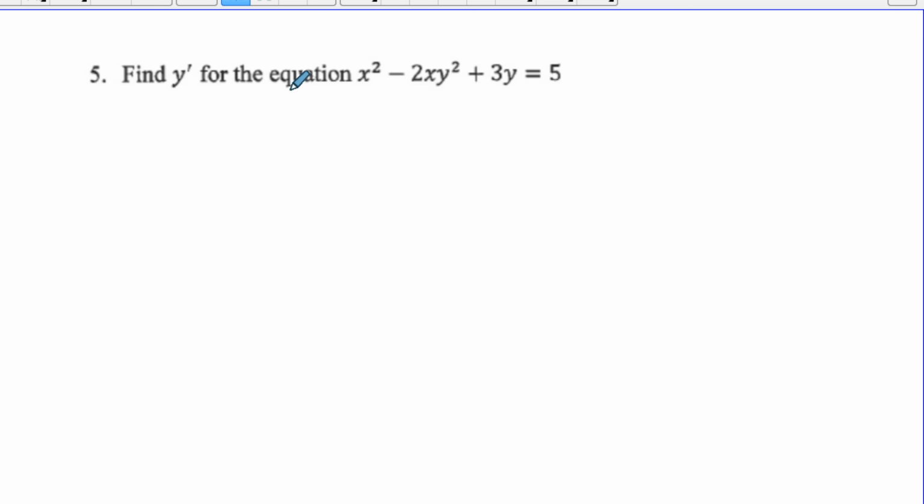Find y prime for the equation x squared minus 2x y squared plus 3y equals 5. So I'm going to take this x squared first. I'm going to break it down like I did last time. The derivative of x squared is going to be 2x dx dx minus, now here we have a product of two functions.